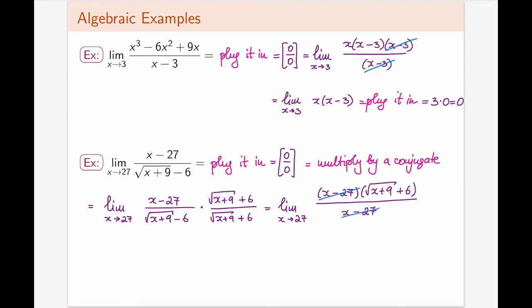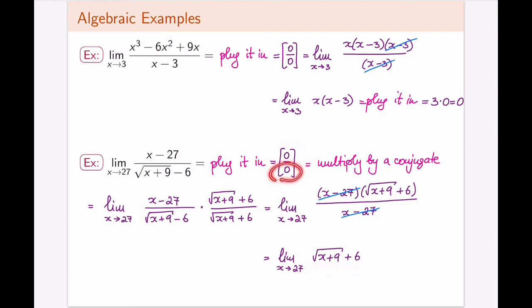So I can cancel them each out and my new expression will now become the limit as x goes to 27. Again, notice how I'm still rewriting this limit because I still have not plugged in the value for x successfully. And the only thing I have left is square root of x plus 9 plus 6. Now remember that I had 0 over 0, and now I've successfully gotten rid of the entire denominator.